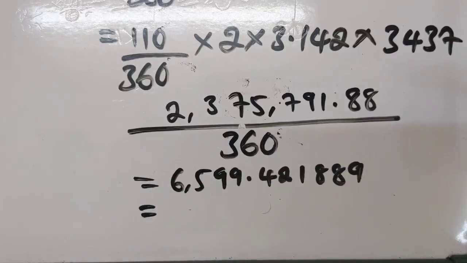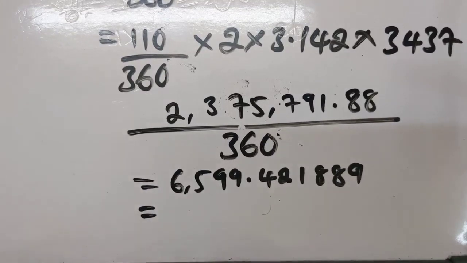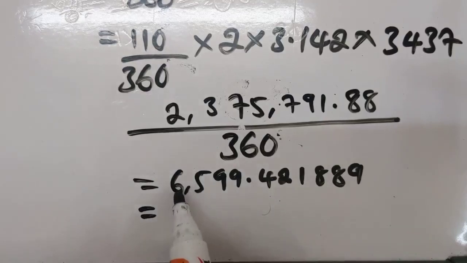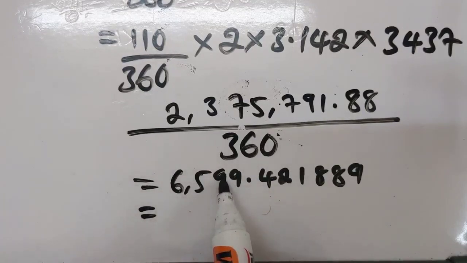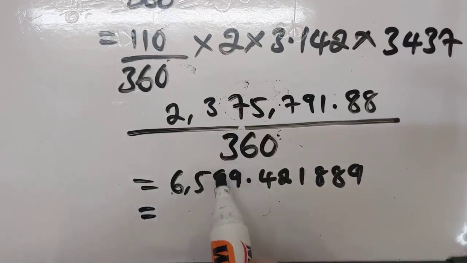The word significant means important, so 3 important numbers. You count starting from this one: 1, 2, 3, these are important. Since the next digit is above 4, you get 1 from it and add it to this one.